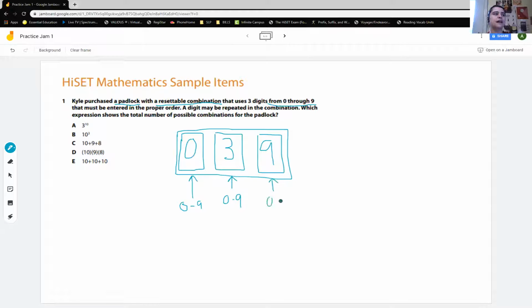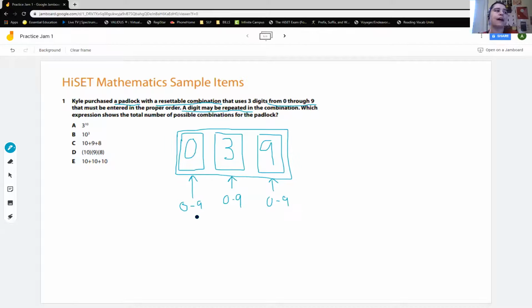Okay, and there's just one more important piece of information that they're giving us. They tell us that a digit may be repeated in the combination. Why is that important? Well, if it were not possible to repeat a digit, then that would affect how many different possibilities I have.